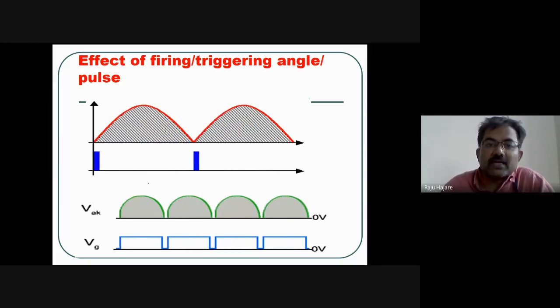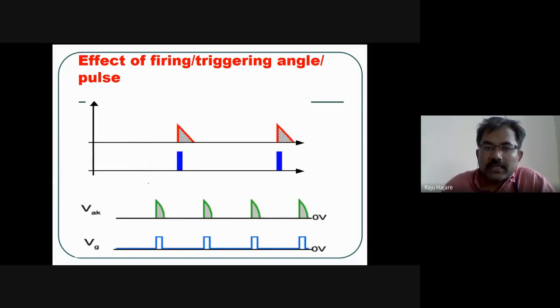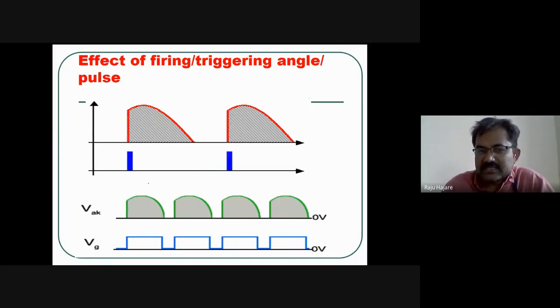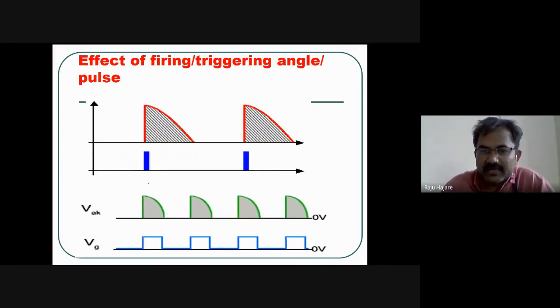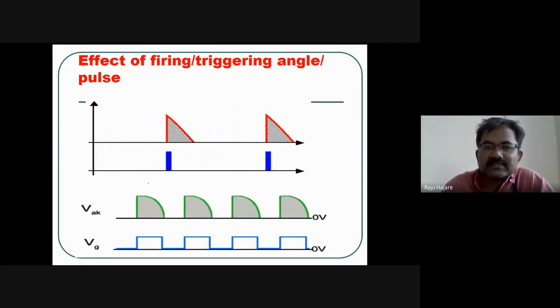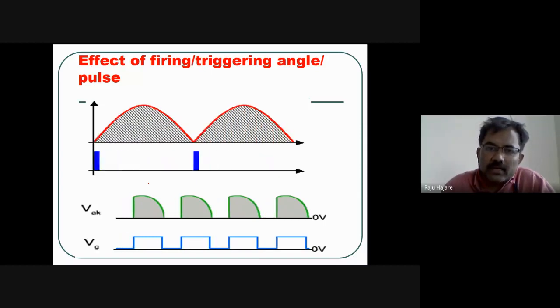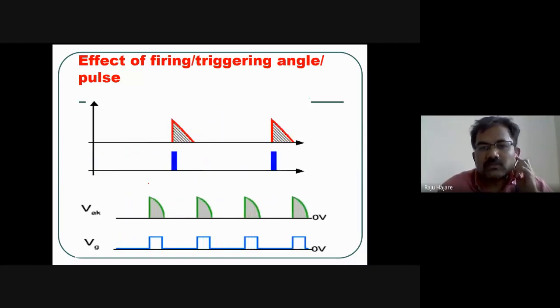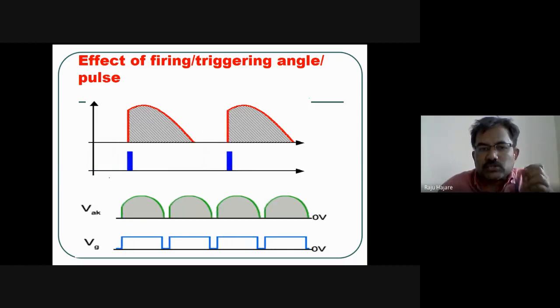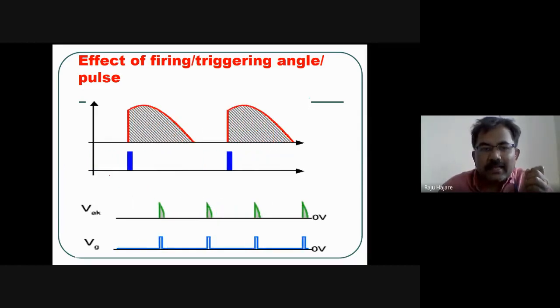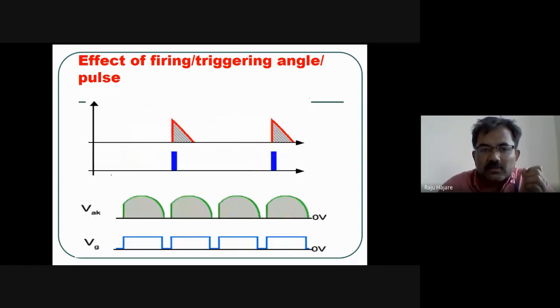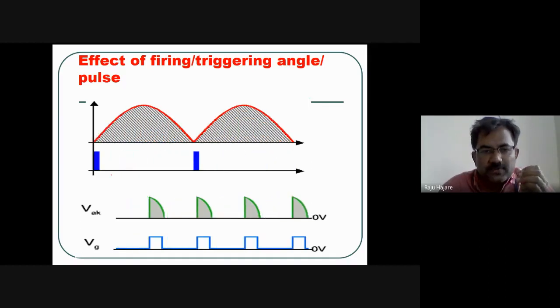You have better control over the output, and that is why the naming is silicon controlled rectifier. It is not just a rectifier, it is a controlled rectifier. Why? Because you are able to control the output fully. You just have to change the triggering angle alpha, which we use here frequently.